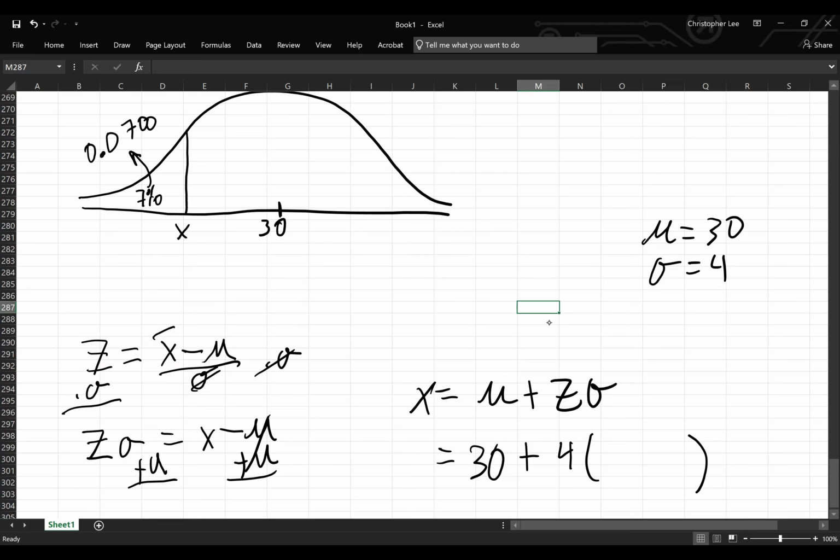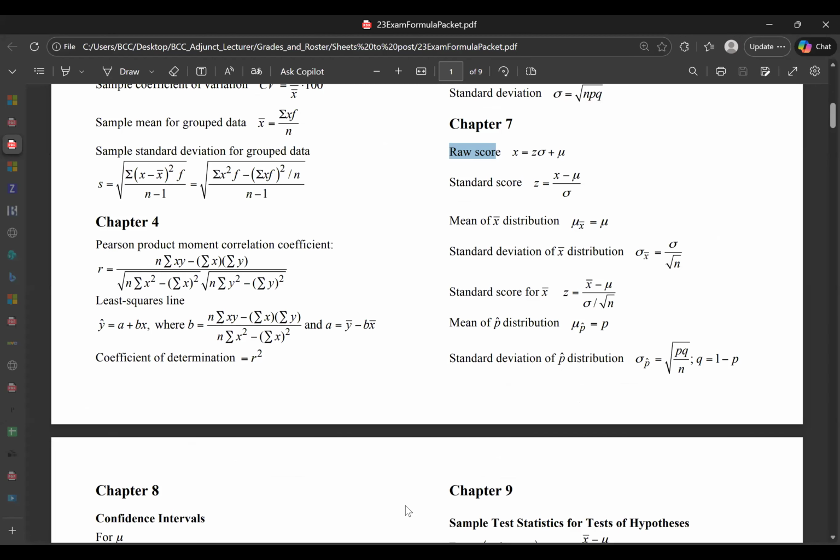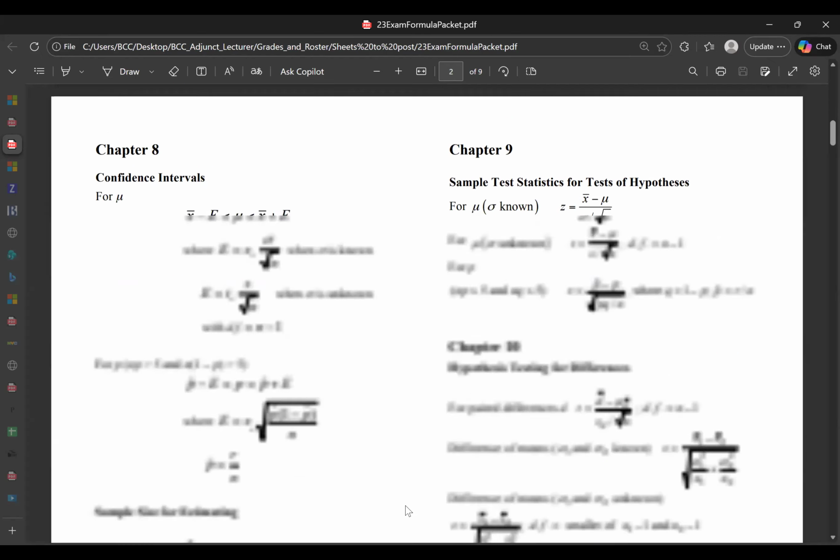All right. Let's look at the formula sheet. I'm looking for 0.0700. So I'm on the formula sheet.